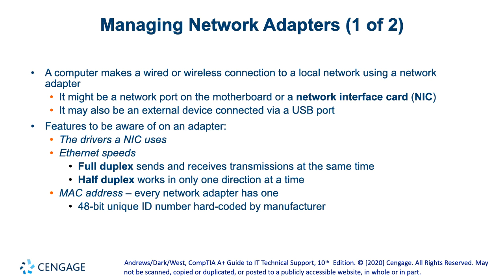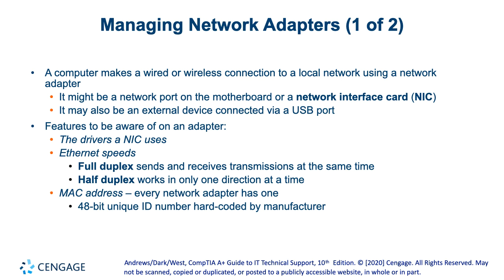Either way, you need drivers for the operating system to use the card. A NIC can operate in full or half duplex mode. Full duplex mode allows the card to send and receive data at the same time, where in half duplex mode, the card can only send or receive data at any one time. So it can't do both. And if it's half duplex, it can only send or receive at any one time.